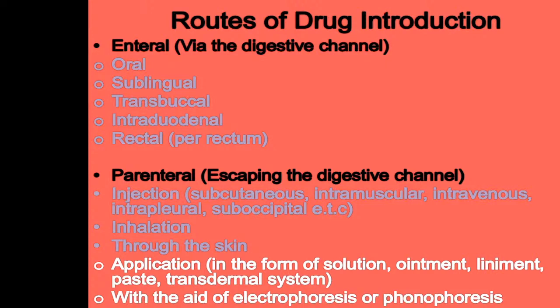But from the other side, the injectional route is very exact. You see, injections can be intravenous, subcutaneous, intramuscular, and so on. If we introduce exactly in blood, so 100% of the drug is in blood. 100%. Very exactly. We know exactly the dose.